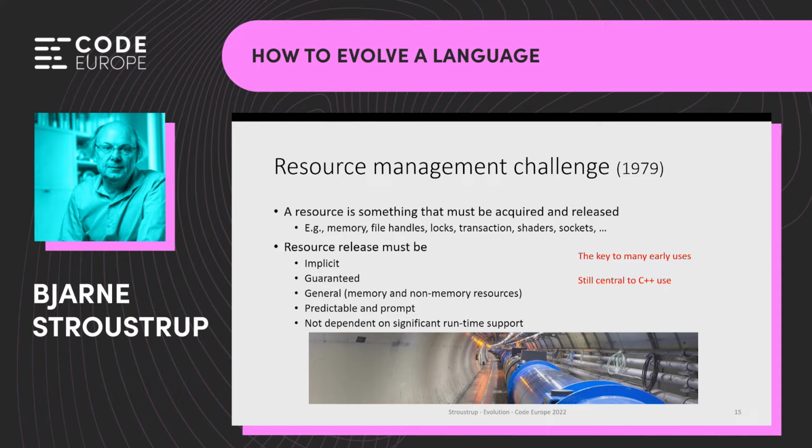It has to be predictable and prompt, at least in the kind of systems I'm most interested in. I know not every system I care about performance, and certainly not to the degree I do, but C++ is designed so that it can also handle such systems. Of course, once you can handle the strictest requirements, you can handle a lot of other things, and can't afford significant runtime support.